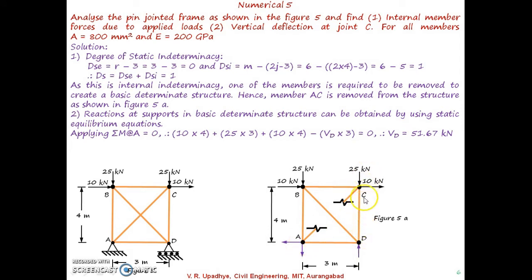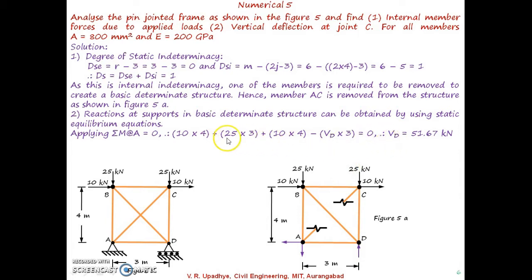So these are the forces and moments due to the forces. And due to the reaction at D, say VD is the vertical reaction at D, the moment of that will be VD into 3. Due to externally applied forces the moment is clockwise, so it is written as plus, and due to the reaction it is anti-clockwise, so it is written as minus. And the summation of all these moments must be equal to 0 for equilibrium.